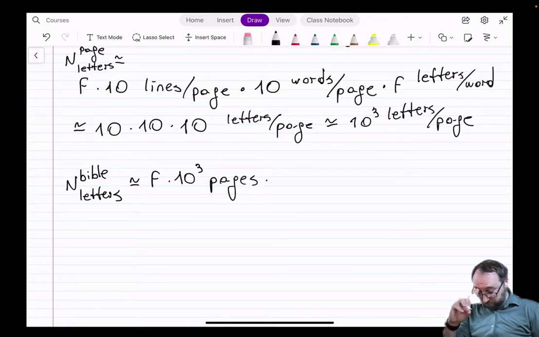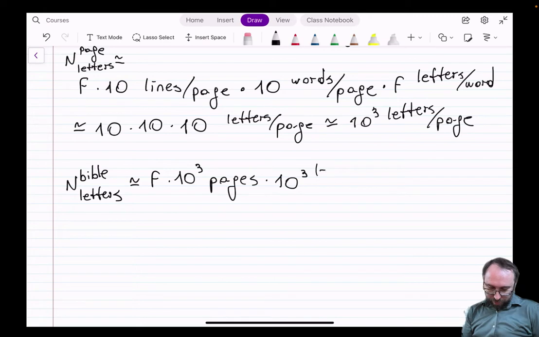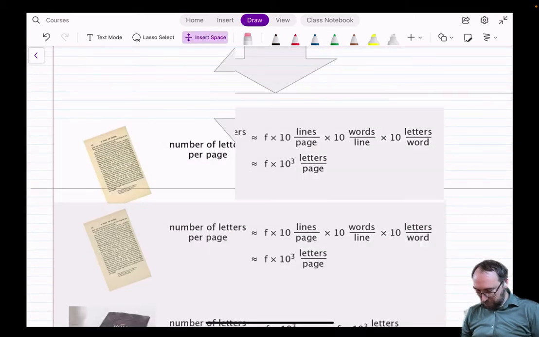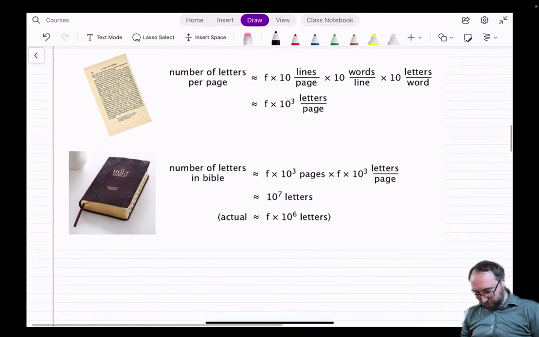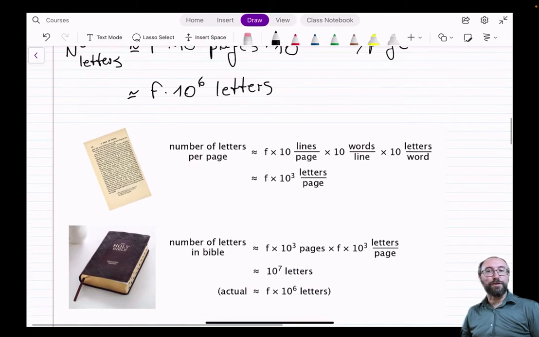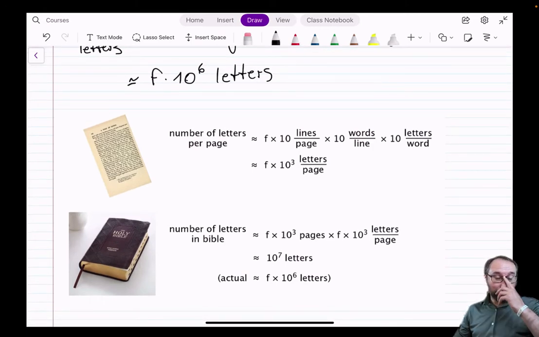And then we have 10 to the 3 letters per page, which gives us a few million letters. And it's a pretty good estimate, as you can see here. There's on the order of 10 to the 7 letters in the Bible, at least I think this is the King James edition. So we're within a factor of a few in our estimation, and clearly DNA polymerase could make a copy of this without making any mistakes whatsoever.